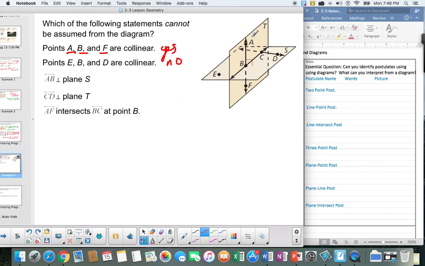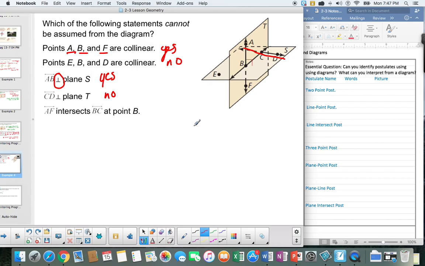Okay, is line AB, this line right here, perpendicular to the plane? This symbol means perpendicular, meaning they make a right angle. The answer is yes. How do I know? I see this little right angle symbol here. Here is line CD, and they're asking, is this perpendicular to T, this vertical plane? The answer is no, because I didn't see any kind of box which indicates perpendicular.